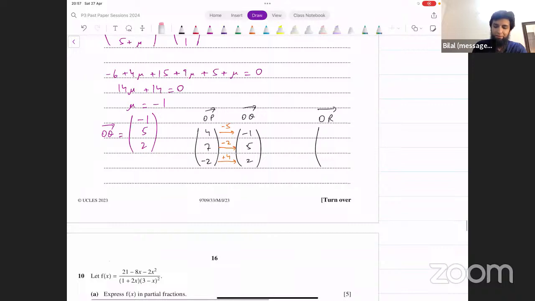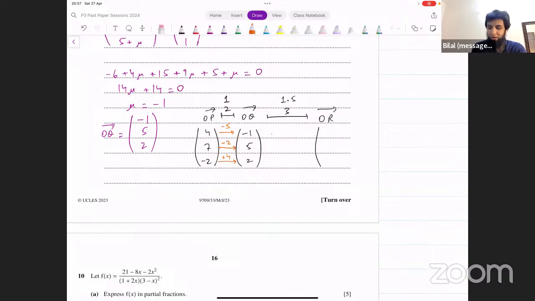So if this gap is 2 units, this gap is supposed to be how much? 3 units. Or if this gap was 1 unit, this gap is 1.5 units. So essentially, whatever the gap earlier, you just multiply that by 1.5.